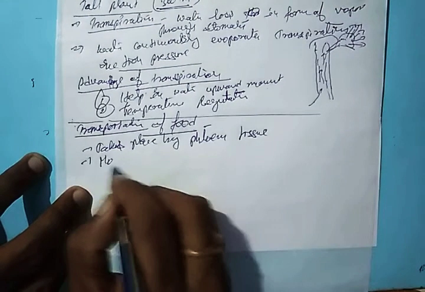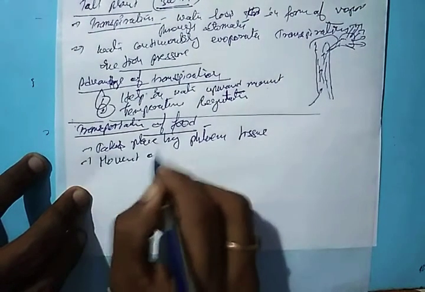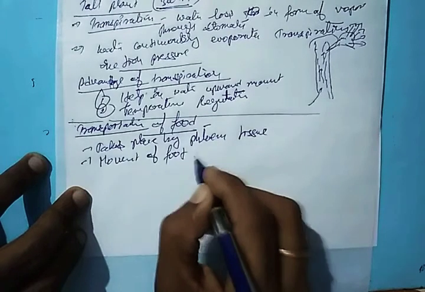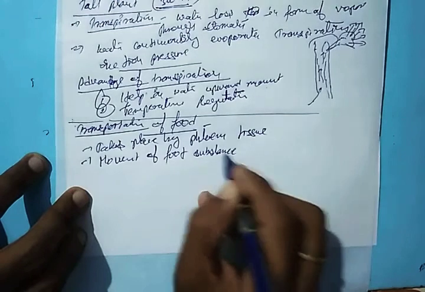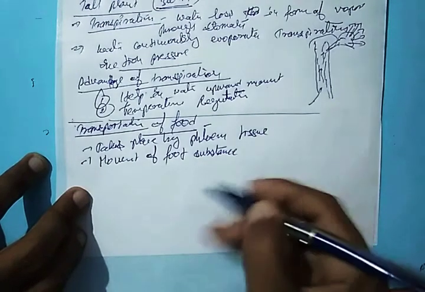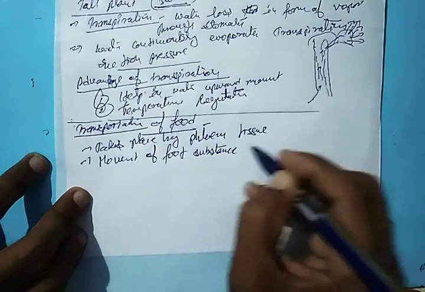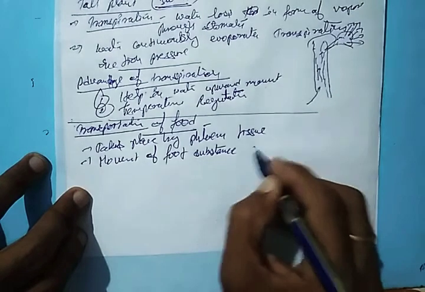Movement of food substance from the leaves to all parts of the plant is called translocation.